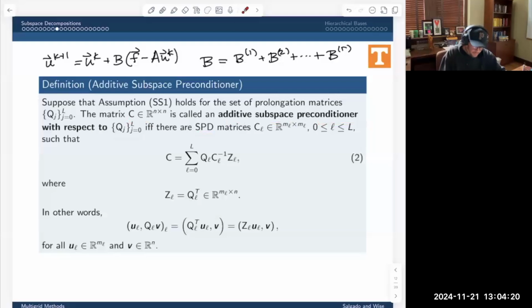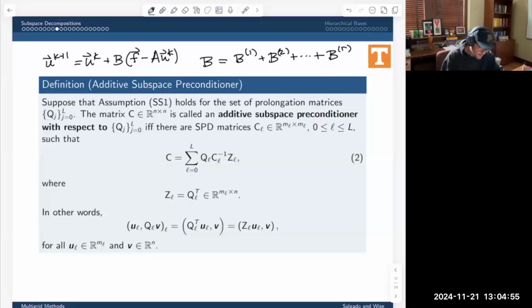So I need the same number of SPD matrices as there are these prolongation matrices. There's going to be L plus one of them, counting from 0 up to capital L. Each one of those C_L matrices is itself going to be symmetric positive definite. And C is going to be constructed as a sum of Q_L, C_L inverse, Z_L, where Z_L is just the transpose.